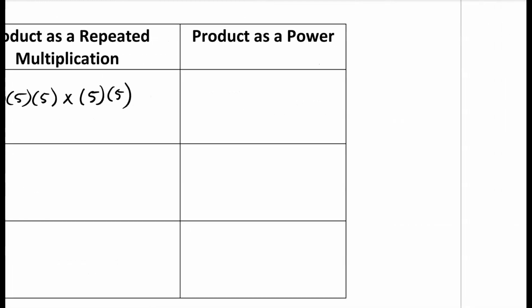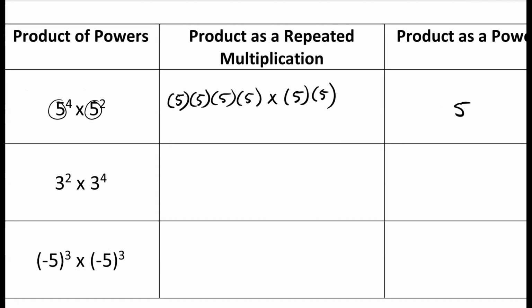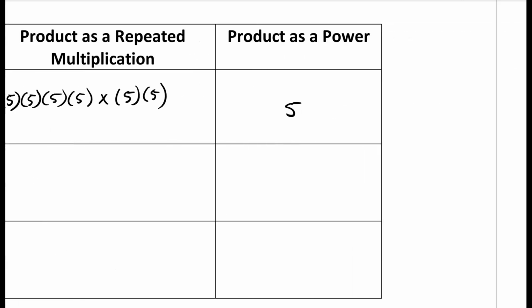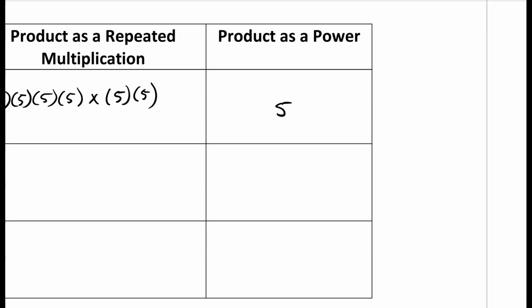Now, when it asks us for the product as a power, our base is 5, and what we do here is add our exponents together. So you have 4 plus 2, which creates 5 to the power of 6.